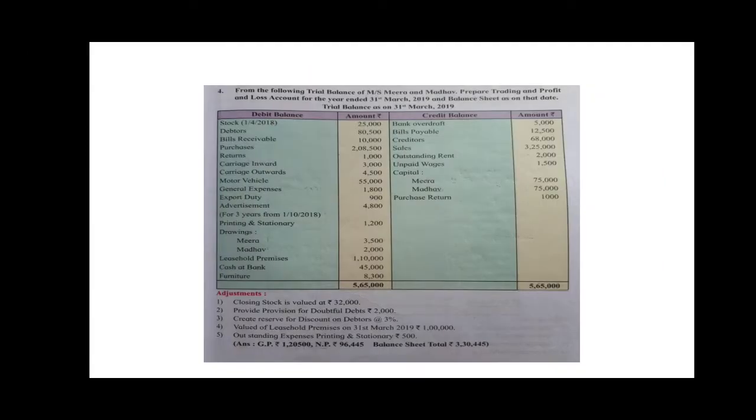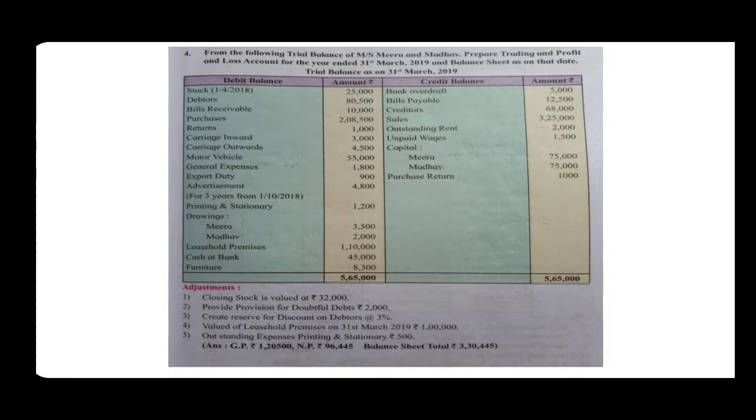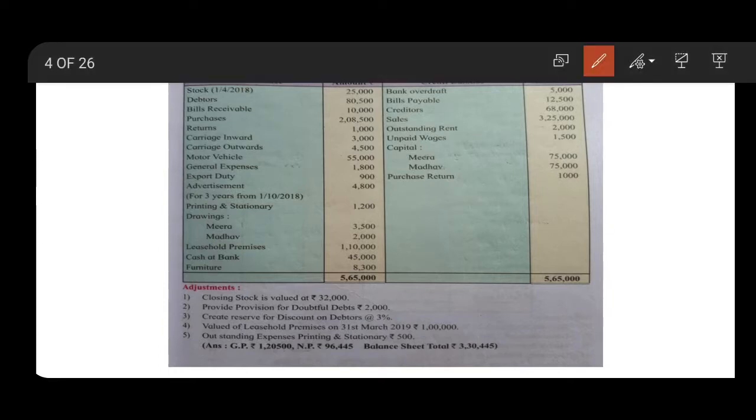Next, the very first step of ours is to mark out the adjustments. See the adjustments properly, read them out and mark them in the trial balance. The first is about closing stock, which we do not mark. The next is to provide provision for doubtful debts. It is on debtors, so mark debtors. The next is to create reserve for discount on debtors at 3%.